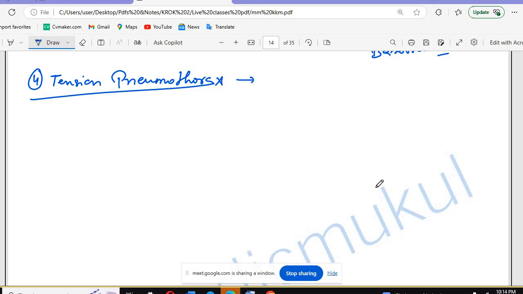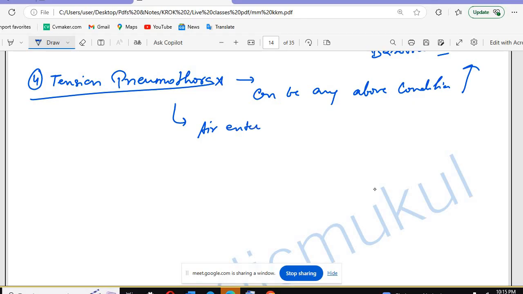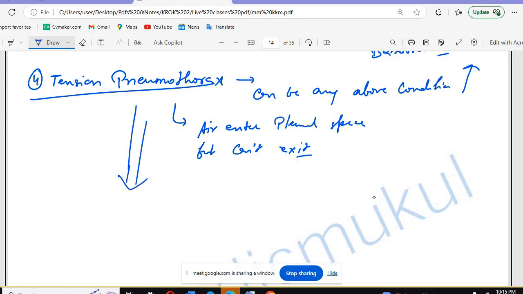When air enters the pleural space but cannot exit, that creates the tension. Remember that in tension pneumothorax, air enters the pleural space but cannot exit. It will be trapped. So there is an increase of trapped air, and that will create tension.